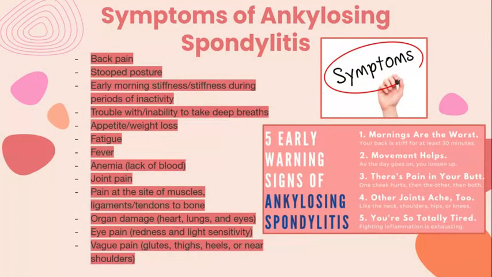For the symptoms of ankylosing spondylitis, back pain, stooped posture, early morning stiffness or stiffness during periods of inactivity, and trouble with or inability to take deep breaths, appetite and weight loss, fatigue, fever, anemia, which is a lack of blood, joint pain, pain at the site of muscles, ligaments, tendons to bone, organ damage including heart, lung, and eyes, eye pain including redness and light sensitivity, and vague pain in the glutes, thighs, heels, or near shoulder areas.